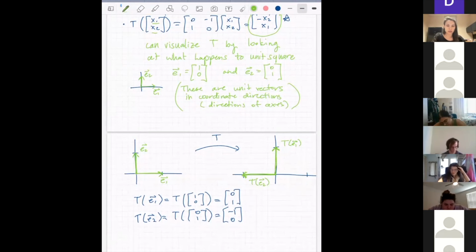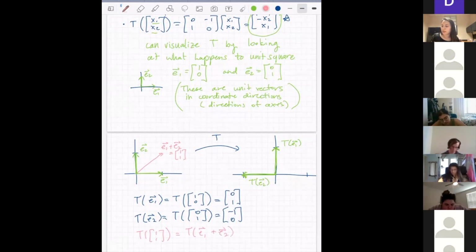So let's do that. Okay, so let's look at this vector, which would be E1 plus E2, right? If we add these two together, using our tip to tail or parallelogram rule, that is what we would get. So this is actually the vector 1, 1. If we want to look at what happens to that vector, we could compute it directly, or we could use the fact that this is a linear transformation, which is fun.